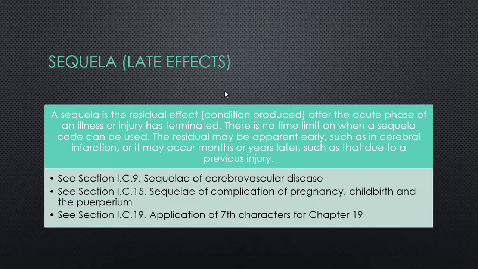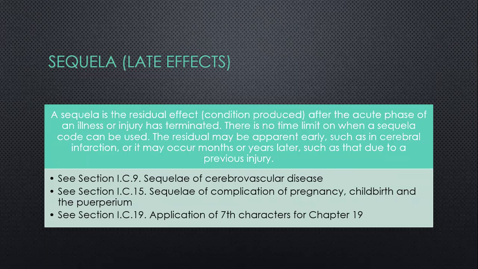A little bit further about our sequela or late effects. We did mention this at the beginning of today's presentation, talking about if your provider documents this as a sequela, you need to make sure that if the diagnosis code has the applicable seventh character for A, D, or S, that you are using the appropriate S character for the sequela or late effect.